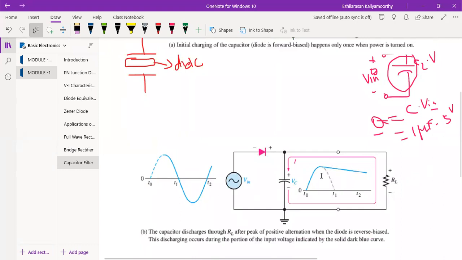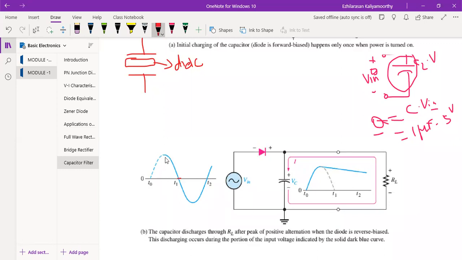See here, till this place your diode is on only. But as your input voltage is reducing, the capacitor starts to discharge.